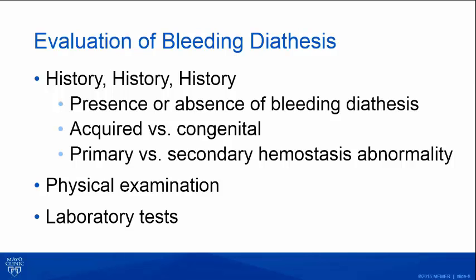Also, if yes, whether this is a congenital or acquired condition, and whether this leans toward a primary versus a secondary hemostasis problem. Physical examination will also provide additional information on the bleeding pattern. Laboratory tests will then come in and help you confirm or exclude your working diagnosis.